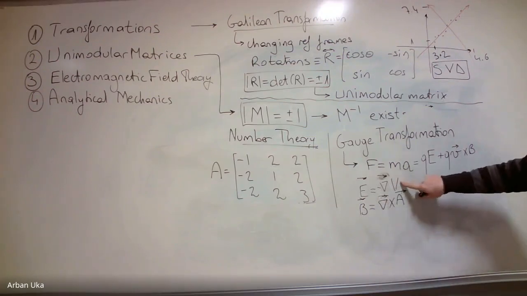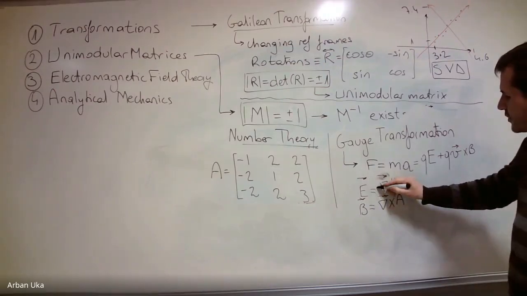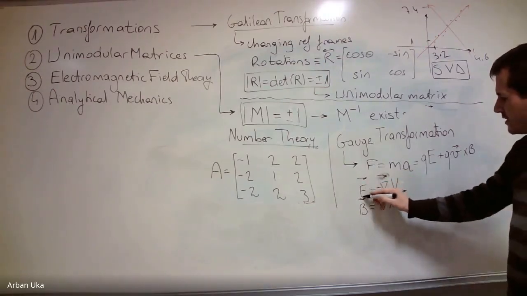So this is the electric field potential, it's a scalar, with a gradient operator we make this a vector.